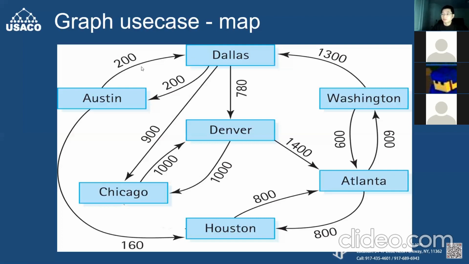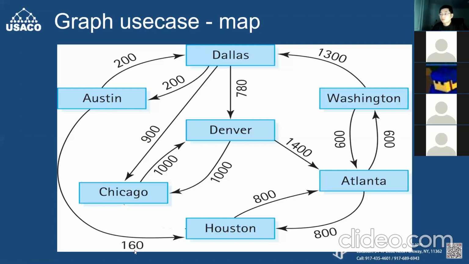For the edge. Okay, so if I understand this 200 as miles, it means if I drive from Austin to Dallas, these two cities, I need to drive 200 miles, right? And from Dallas to Austin, same. It's 200. If I drive from Austin to Houston, it's 160.